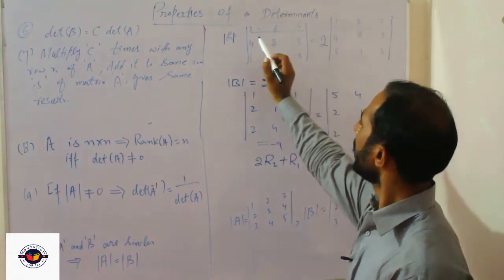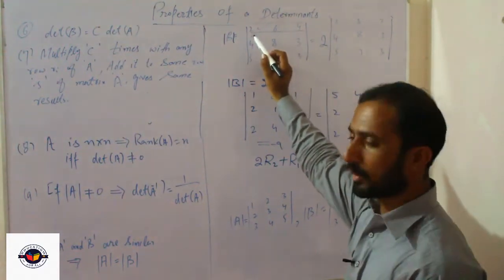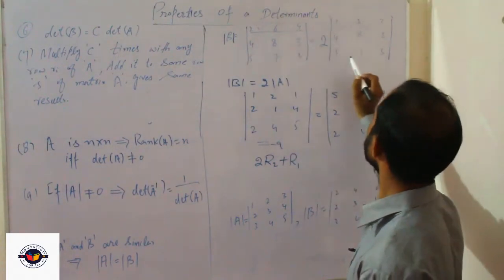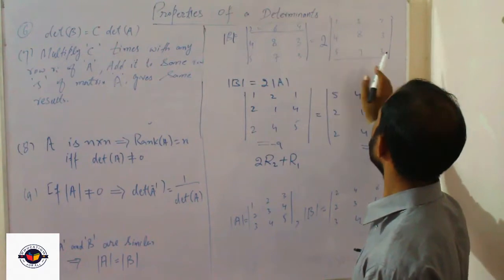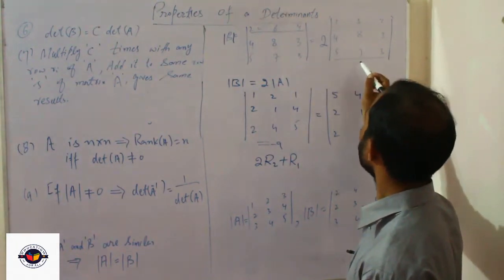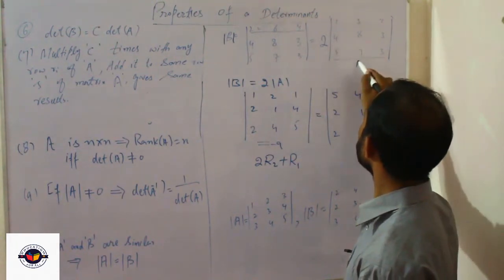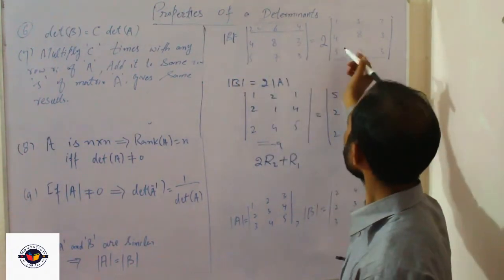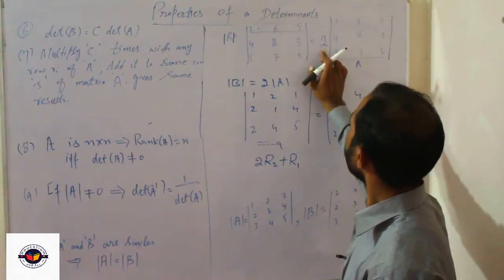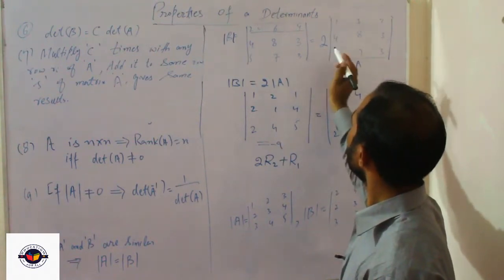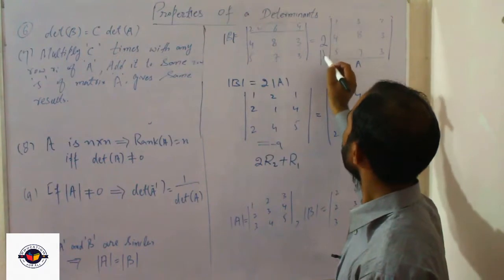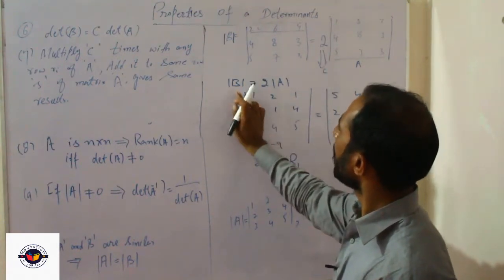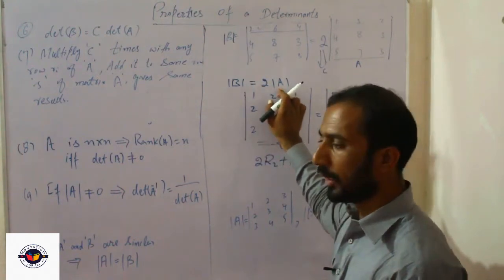After taking 2 as common, the new matrix will be given in this form. I rename this matrix as A; originally it was matrix B. The number that we have taken common is 2, and this is actually C. So now B is equal to 2 times A.